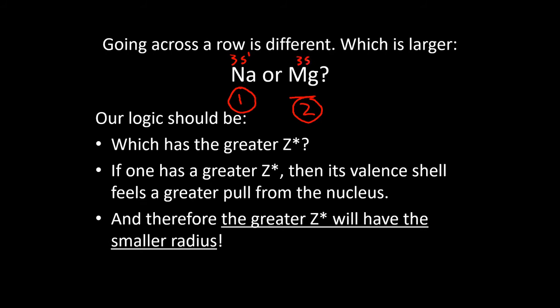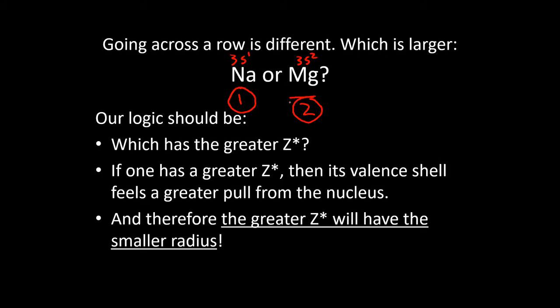Magnesium would be 3s2. So those 2 electrons are in the same shell together. They aren't any farther away from the nucleus, one from the other. The first electron to go into the 3s is a certain distance away from the nucleus, and the next one that also goes into the 3s is the same distance from the nucleus.